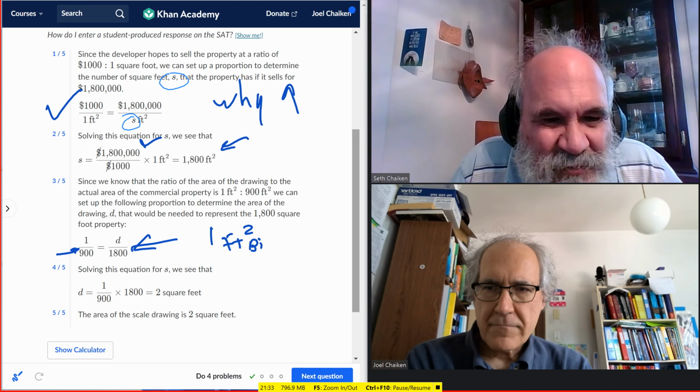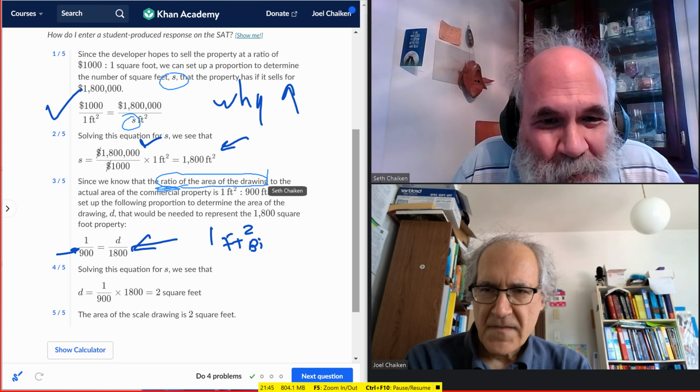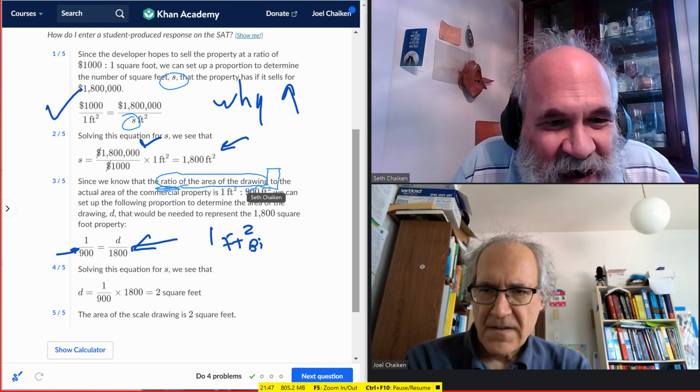What they wrote here, in English: the ratio of the area of the drawing to the actual area of the property.